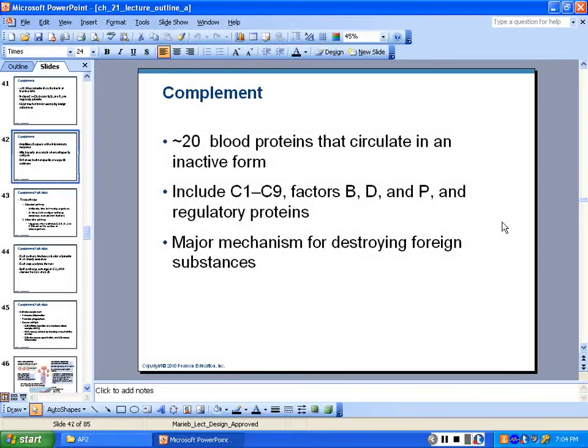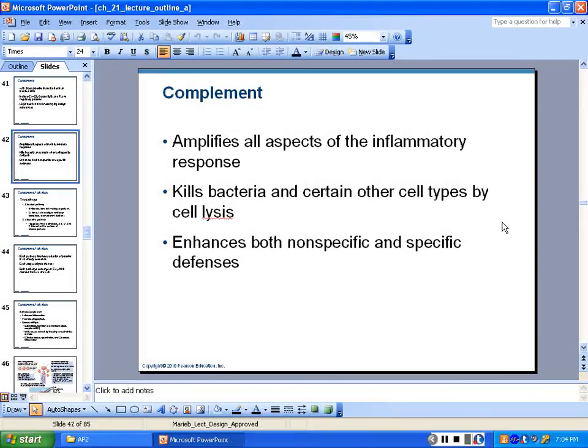That's not what our purpose is right here. But here's kind of what complement does. Its job is to amplify inflammation. What does amplify mean? Yeah, to make it stronger, to increase it. It's going to support inflammation. It's going to stimulate more inflammation to take place. It's going to stimulate cell lysis.